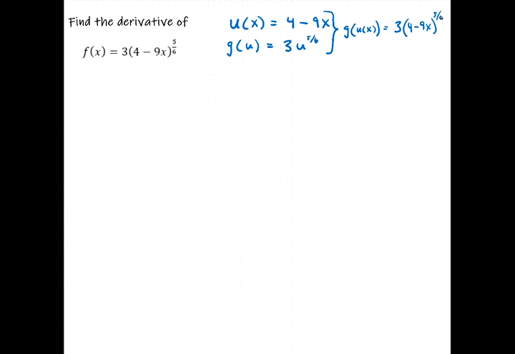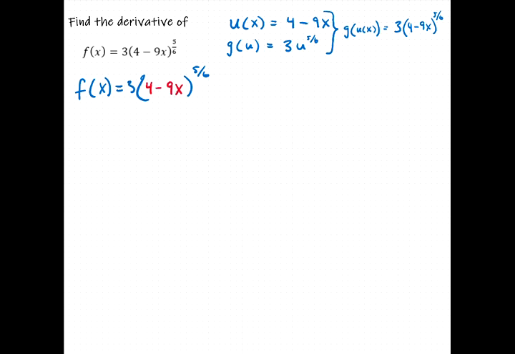Okay, so now to apply the chain rule, let's just rewrite the function using two colors. We have the outer function and we have the inner function, 4 minus 9x.